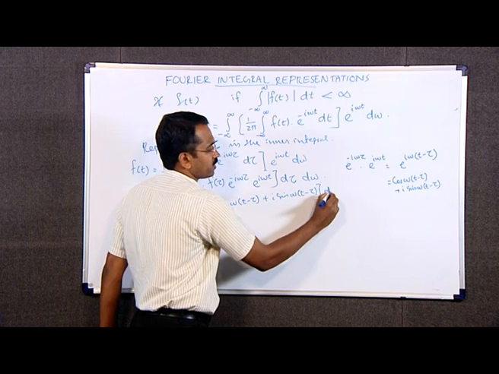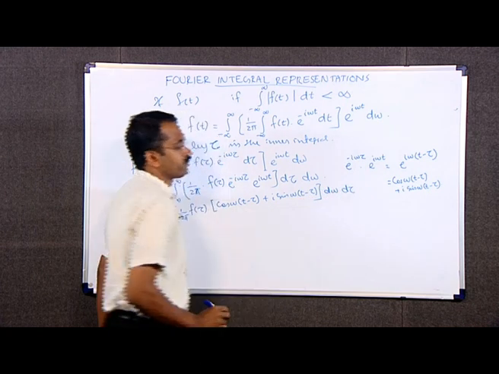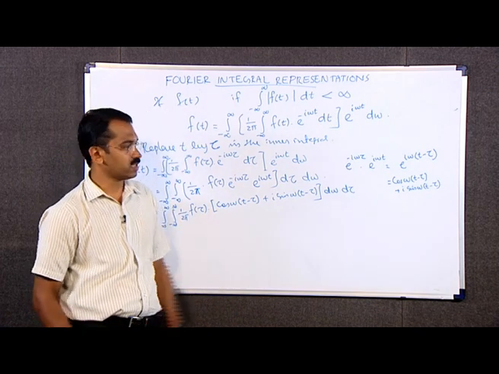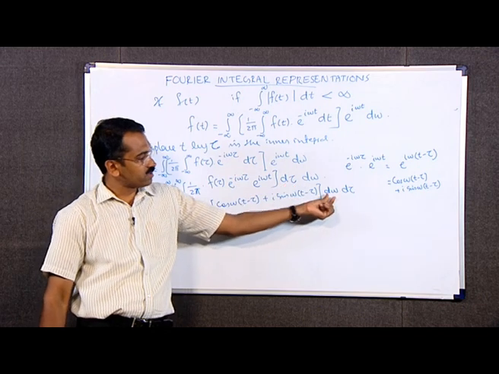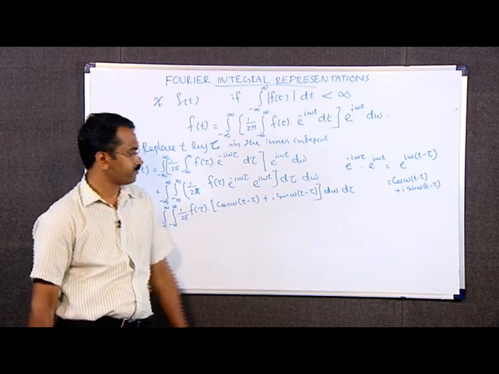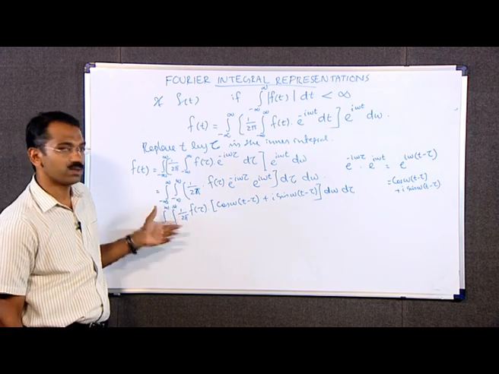By changing the order of integration, we can write d tau d omega as d omega d tau. Here both the limits are the same.